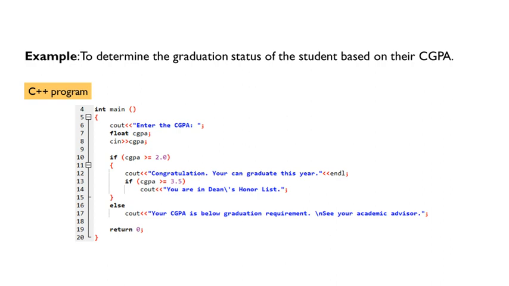So if the first condition is not true, which means the CGPA is less than 2.0, the program will show to you your CGPA is below graduation requirement and you need to see the academic advisor.